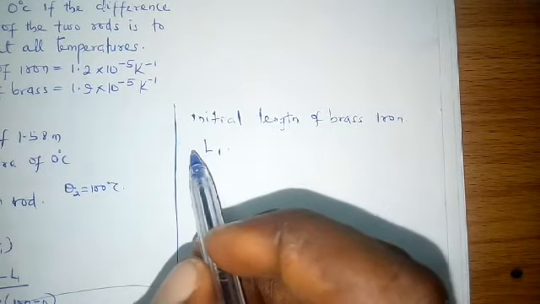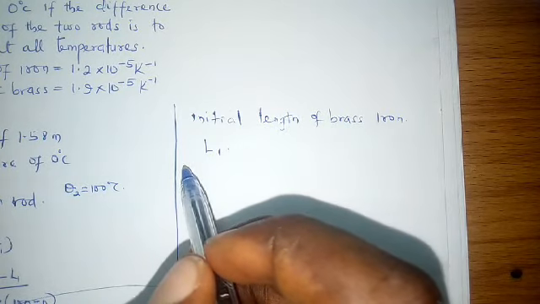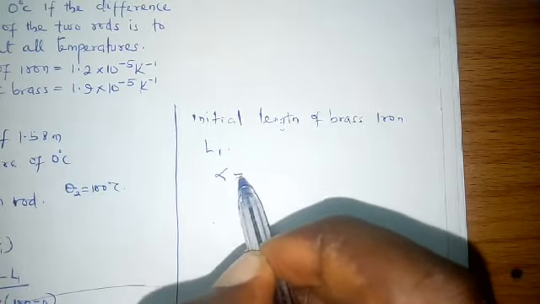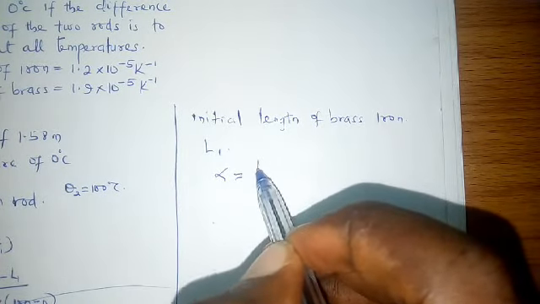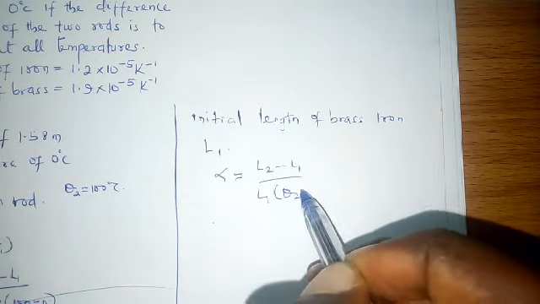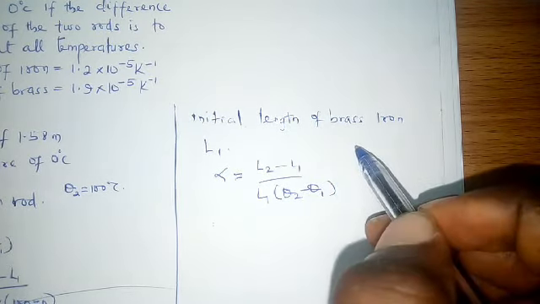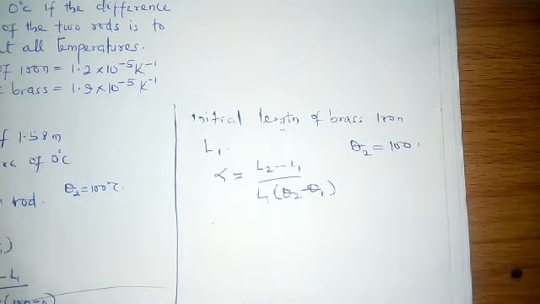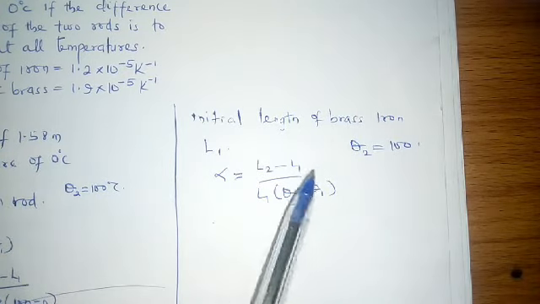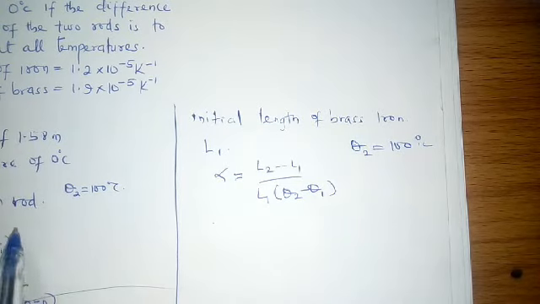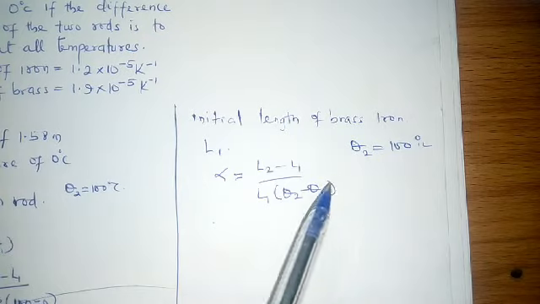But the linear expansivity of brass was given as 1.9 times 10 to the power of minus 5. So following the same formula for linear expansivity, L2 minus L1 over L1 open bracket theta 2 minus theta 1. Here we are also going to assume that theta 2 is equal to 100 degrees, because at all temperatures they are the same. So since we are using 100 degrees centigrade here, we'll also be using 100 degrees centigrade here.